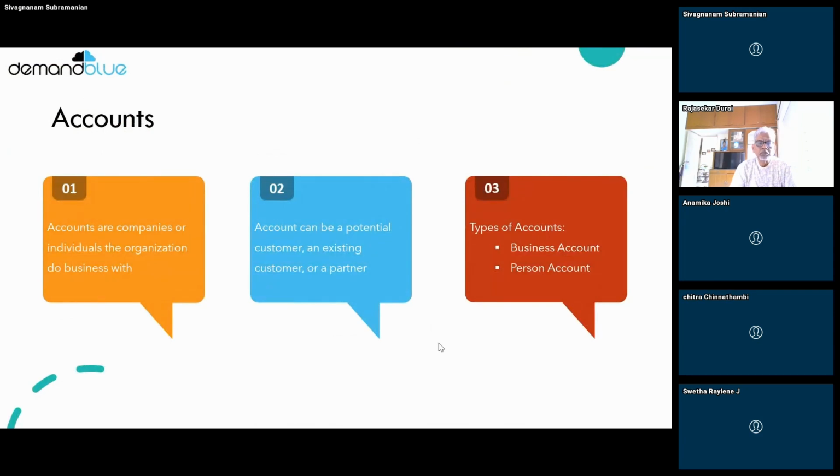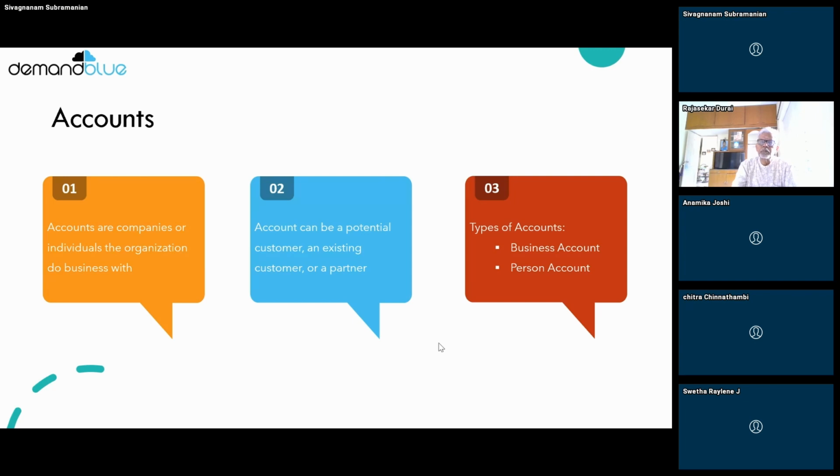Right, now I'm going to accounts. What is an account? As I said, one individual person can be involved in sales activities like inquiring about a product, purchasing the product, or a company. For example, a mobile SIM card.